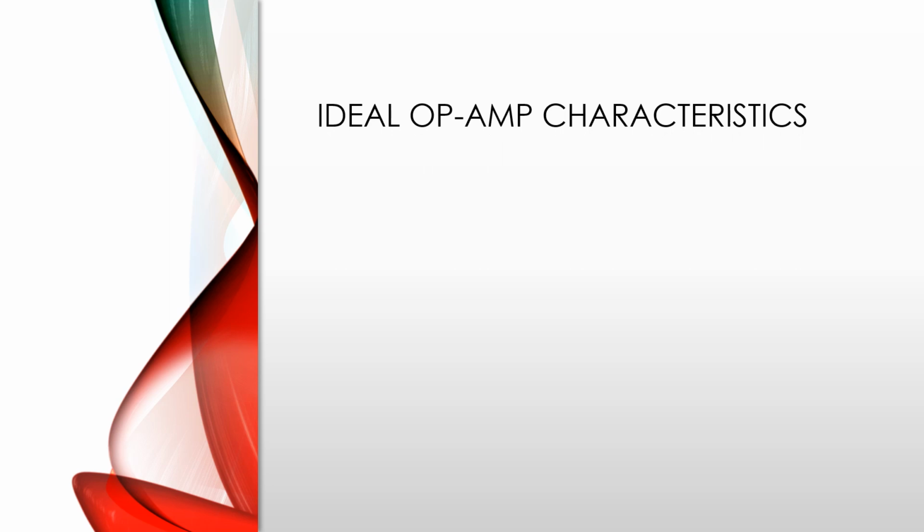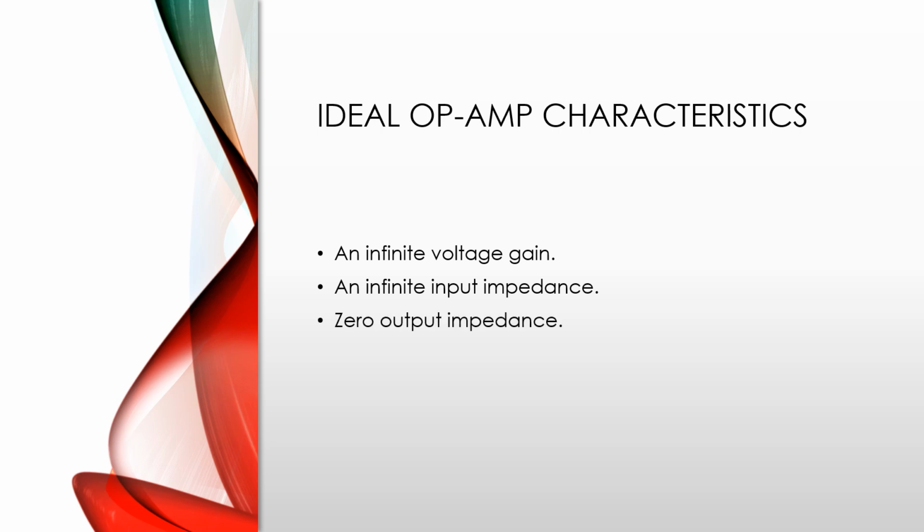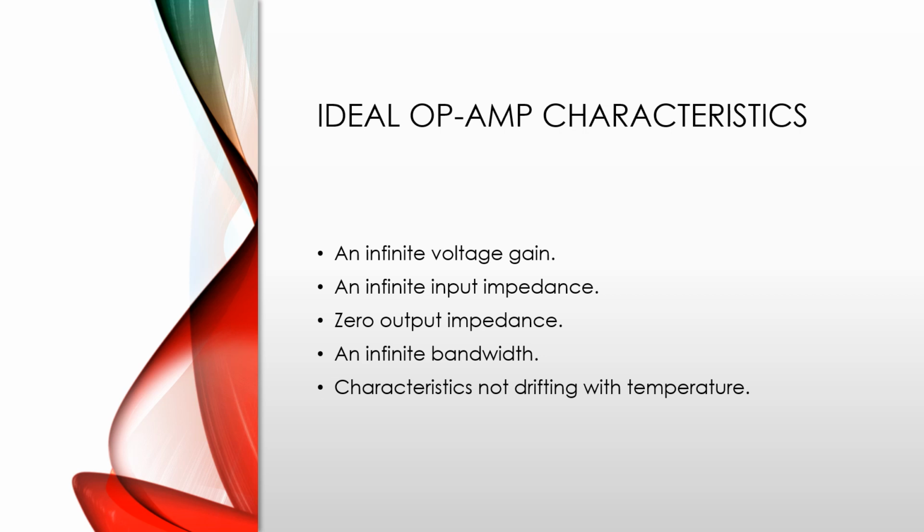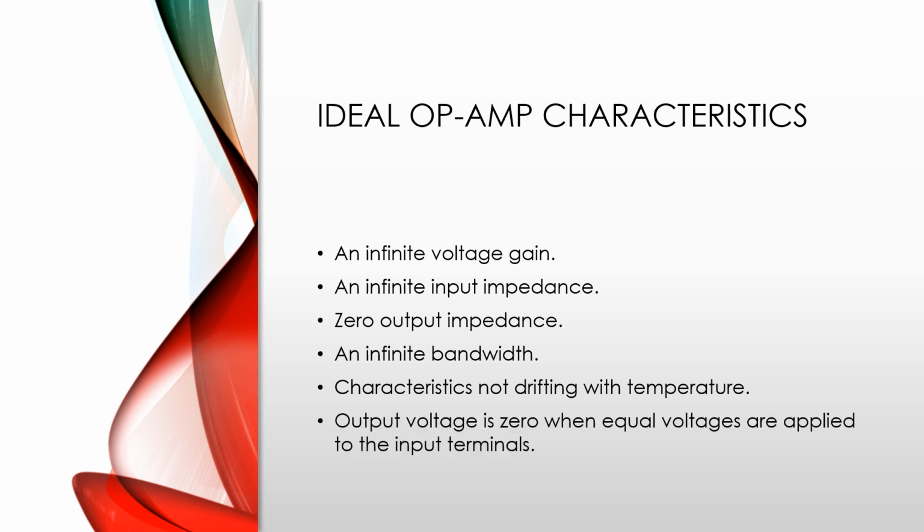Now, what are the ideal op amp characteristics? The first characteristic is that ideally we get an infinite voltage gain from an op amp. Next, an infinite input impedance, zero output impedance, an infinite bandwidth, characteristics not drifting with temperature, and the output voltage is 0 when equal voltages are applied to the input terminals.